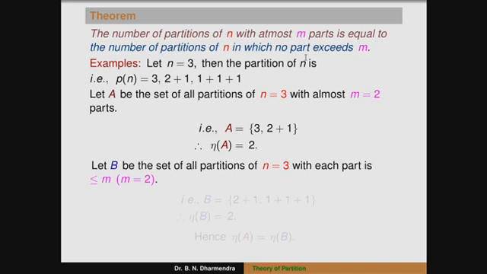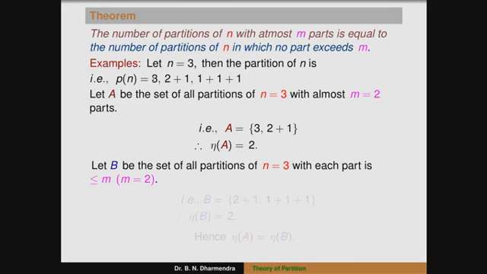That means the parts of the partition won't exceed 2. So won't exceed 2 means 2 plus 1, 1 plus 1 plus 1; we won't take 3. Observe the condition, each part is less than or equal to m, that is 2.